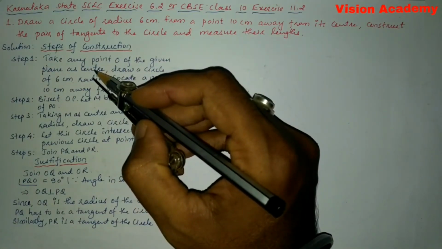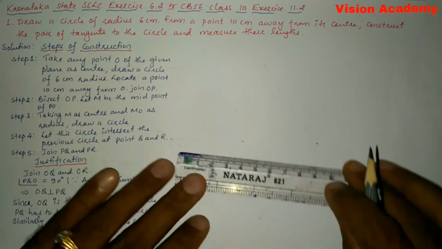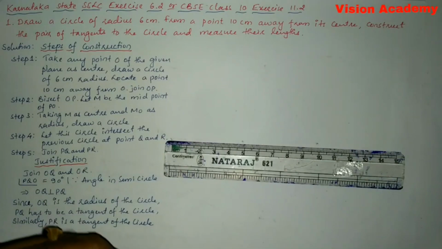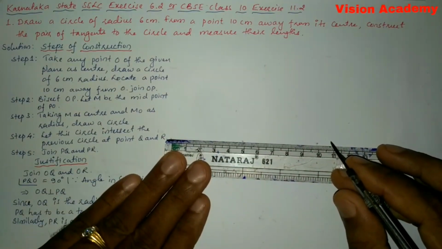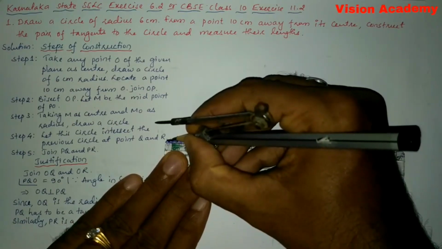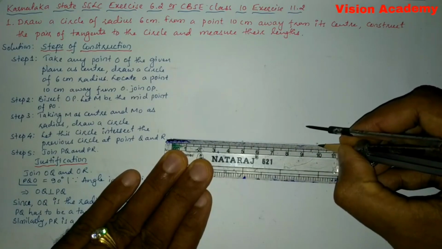So now here step 1, take any point O of the given plane as center, draw a circle of 6 cm radius, locate a point 10 cm away from O. So here let us take a 10 cm length line segment. For example, here I am going to take a 10 cm line segment.